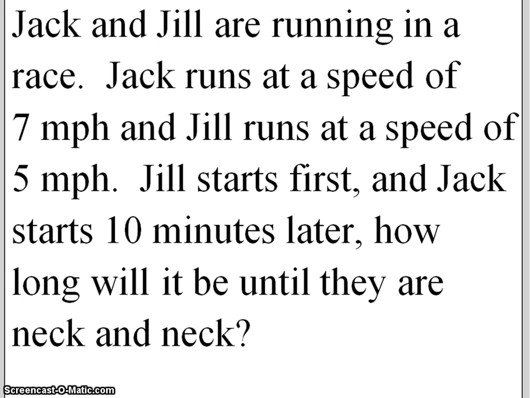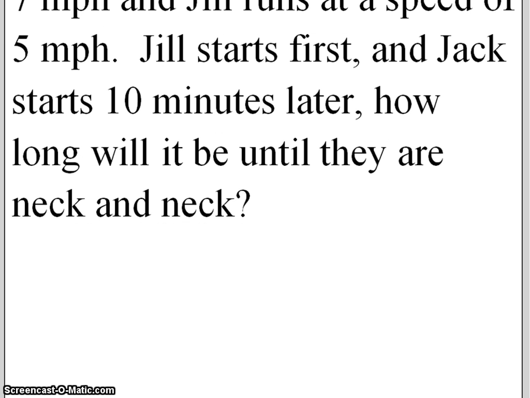Now, I know we're going off the formula distance equals rate times time, and this is saying that Jill starts first and Jack starts 10 minutes later, so Jill is going to be running for 10 minutes more. So 10 minutes is 1/6 of an hour.